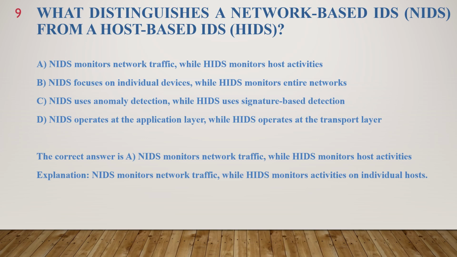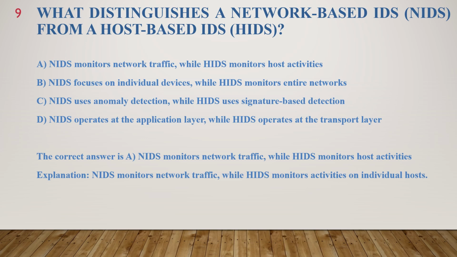C. Network intrusion detection system uses anomaly detection, while host intrusion detection system uses signature-based detection. While both can use both anomaly and signature-based detection, this is not a defining difference. Both systems can use either or both types of detection depending on the specific implementation.